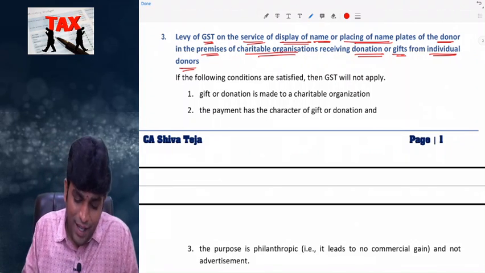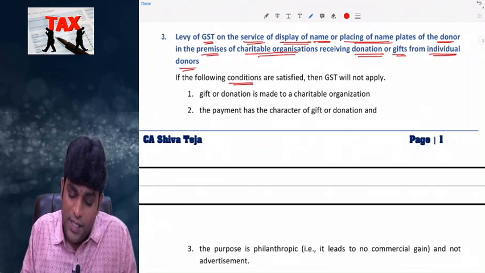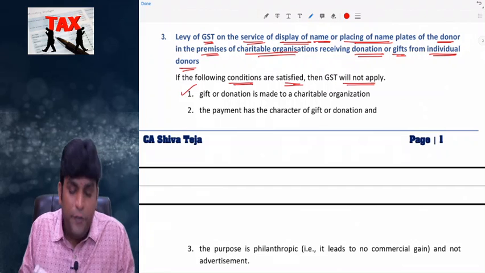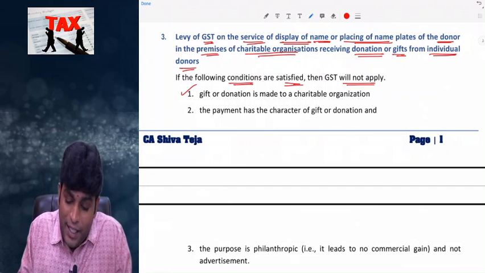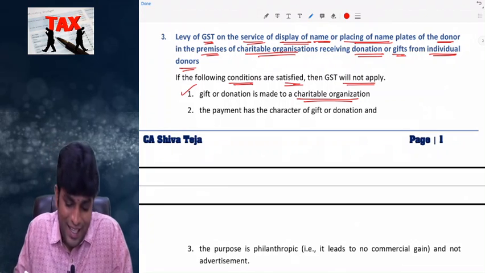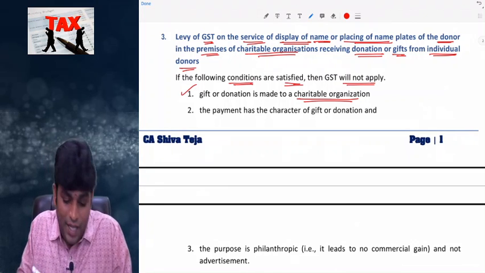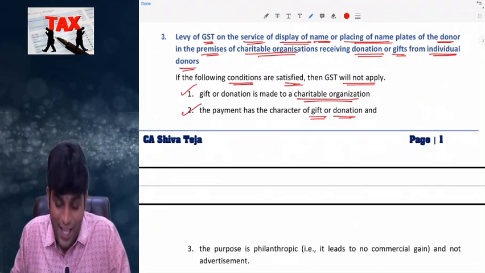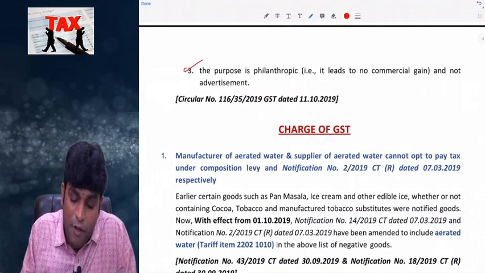Now, if all the following conditions are satisfied, then GST will not apply. Number 1, gift or donation is made to a charitable organization. Obviously, temple is a charitable organization. Religious trust it is. The payment has a character of gift or donation, obviously. And the purpose is what, my dear friends? Philanthropic.